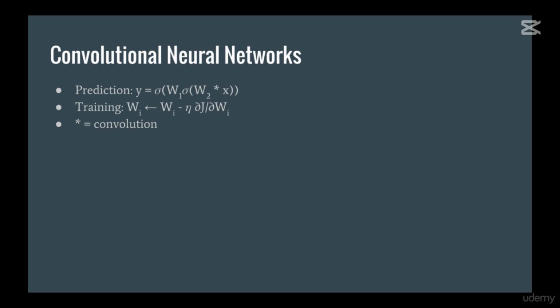So what about convolutional neural networks? Well, to do that, you first need to know about convolution, which isn't really a machine learning thing. It's more of a signal processing thing. Nevertheless, I do go through some examples in my convolutional neural networks course. So how do you do prediction? Well, that's just the same as before, except instead of W2 times X, we have W2 star X, where the star means convolution.